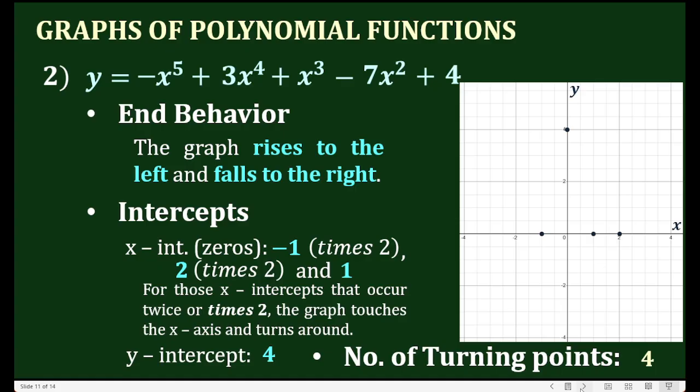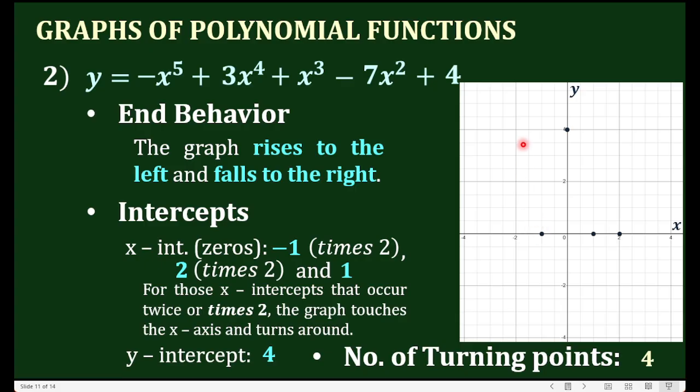Let us start with the end behavior. For the end behavior, the graph rises to the left and falls to the right. So if this is where we start sketching the graph, from this point we draw going up.